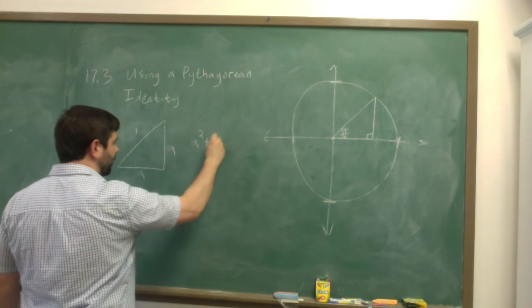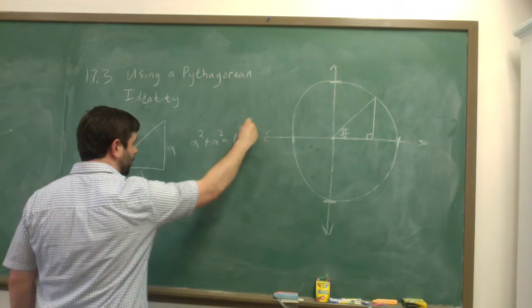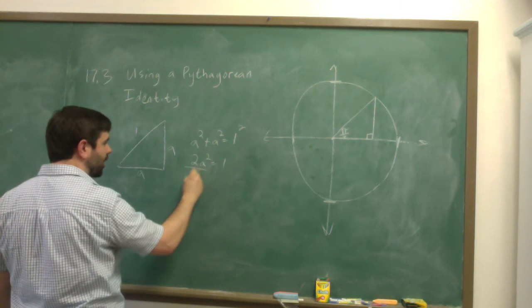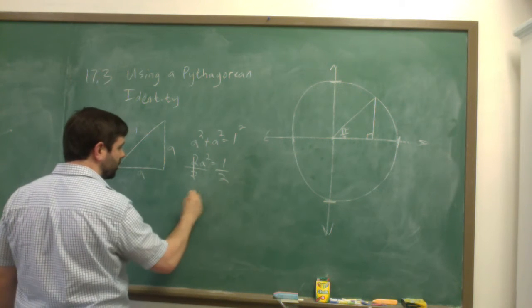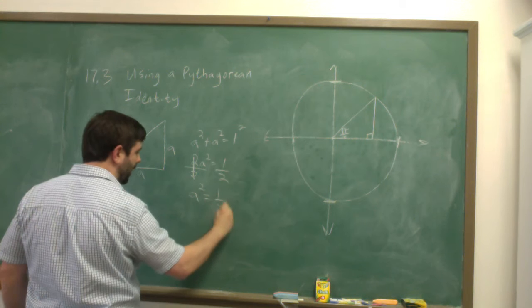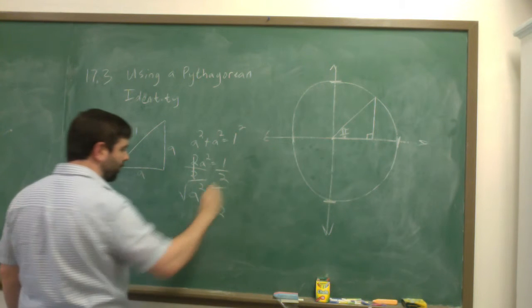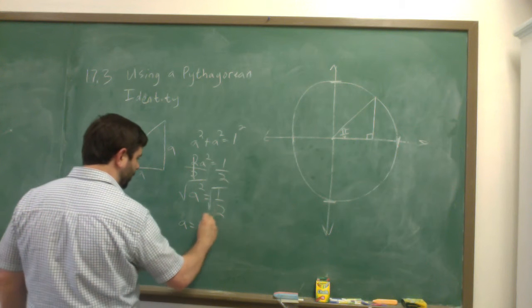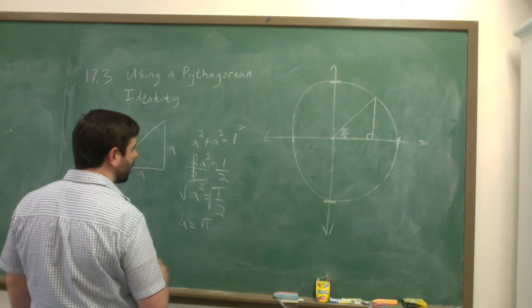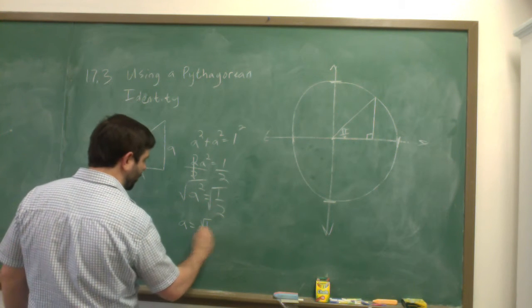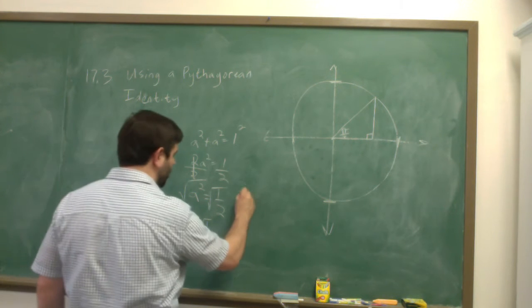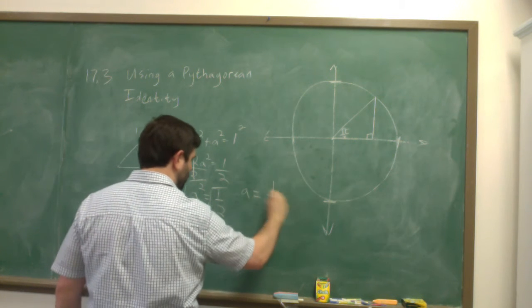A squared plus A squared equals 1 squared. 2A squared equals 1. Divide by 2. A squared equals 1/2. Square root both sides. We get A equals the square root of 1 over the square root of 2, so A equals 1 over root 2.